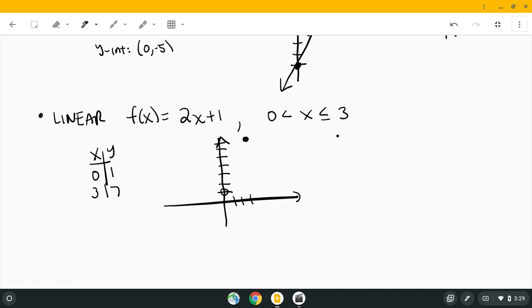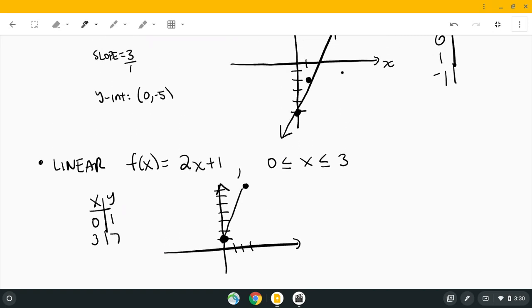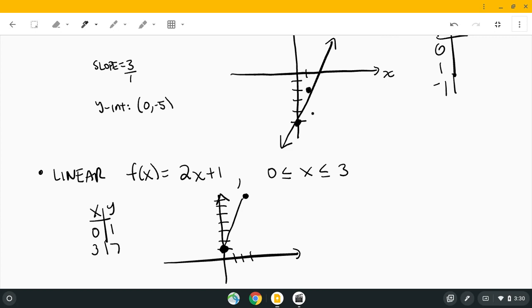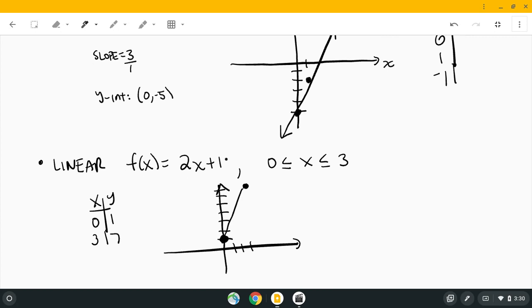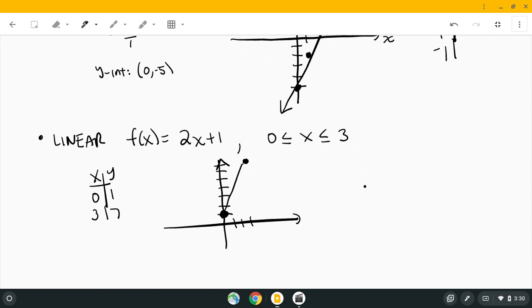But this is not the problem. The original problem had less than or equal, so this will be closed. And then I can draw my line. This is how your graph should look. It should stop here and it should stop there. It won't go on forever like this one with the arrowheads, because this is saying to graph this function only for the x values between 0 and 3.